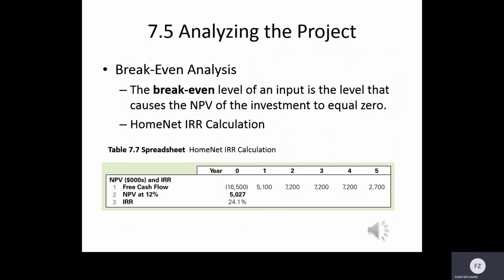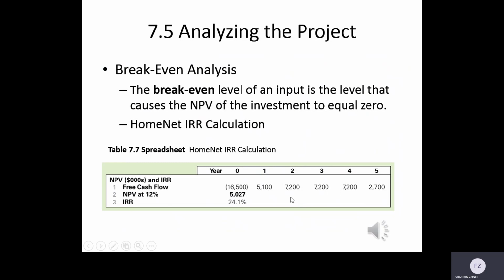Break-even level of an input is the level that causes the NPV of the investment to equal 0. Let's look at the HomeNet IRR calculation. If you look at the base case, the numbers we churn out are in this spreadsheet.